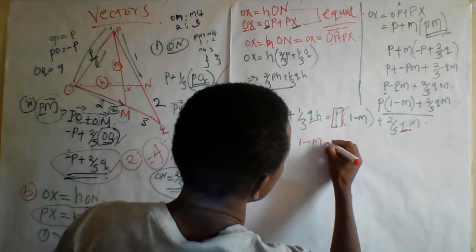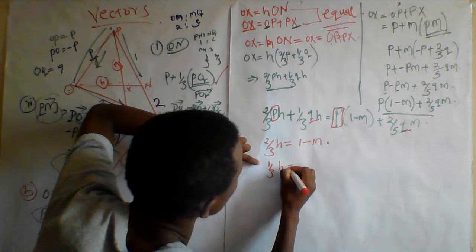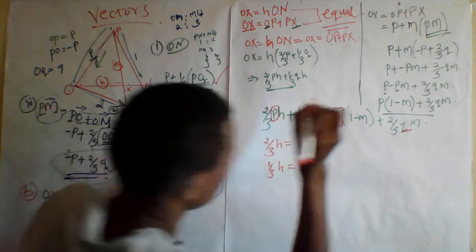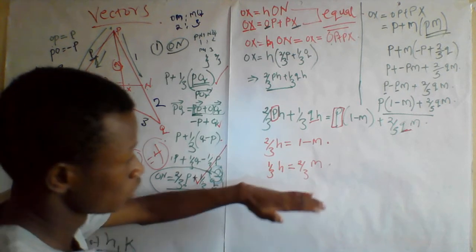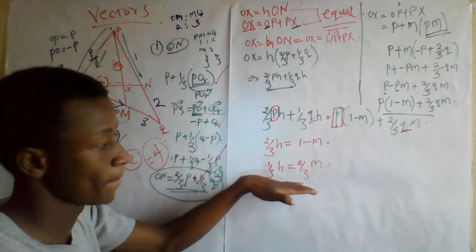So this one becomes a third H is equal to 2 over 3 M. Are we together? So from this point, we can find our H.